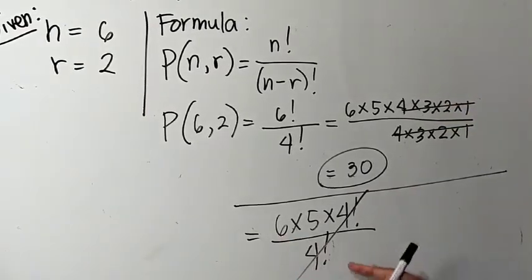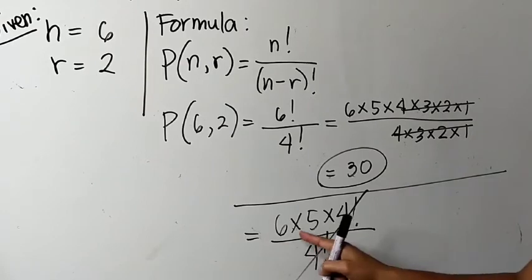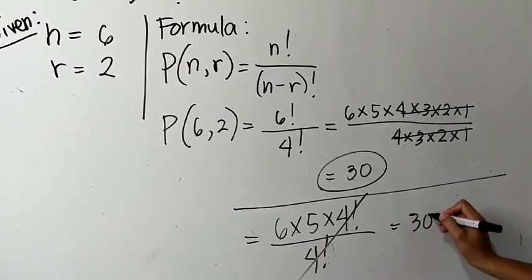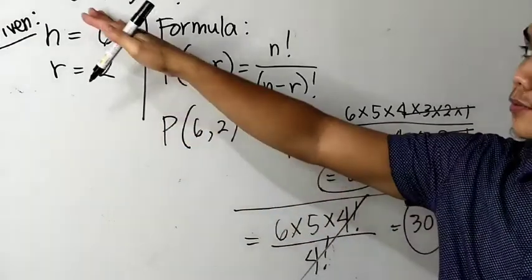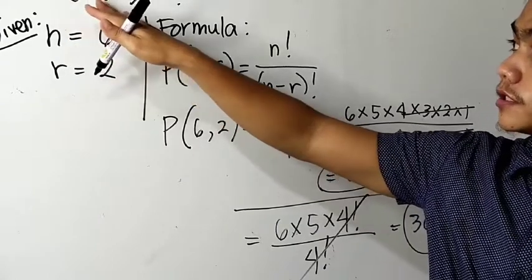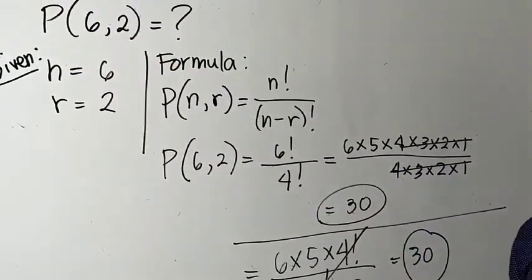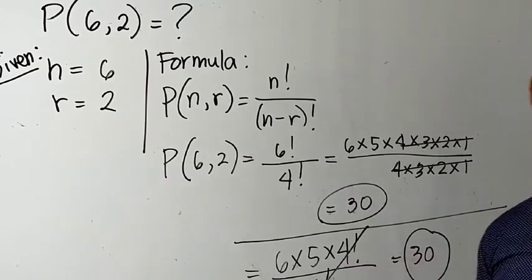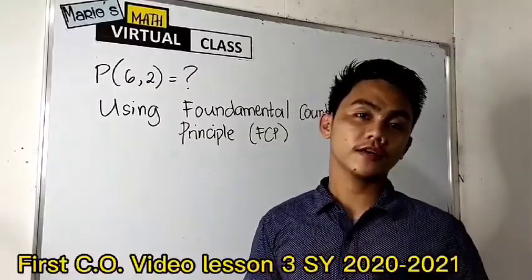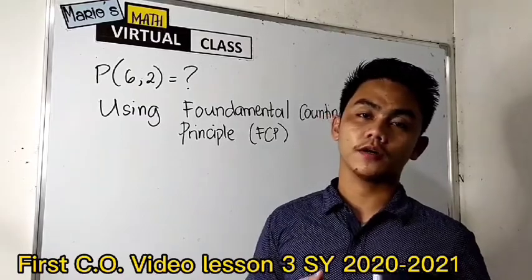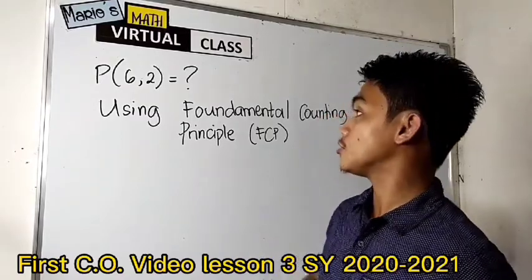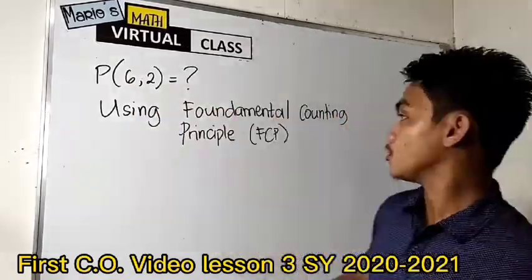And you have a shorter solution than this one. 6 times 5 is the same as 30. Therefore, permutation of 6 taken 2 at a time is equal to 30, or 30 arrangements, or 30 permutations.